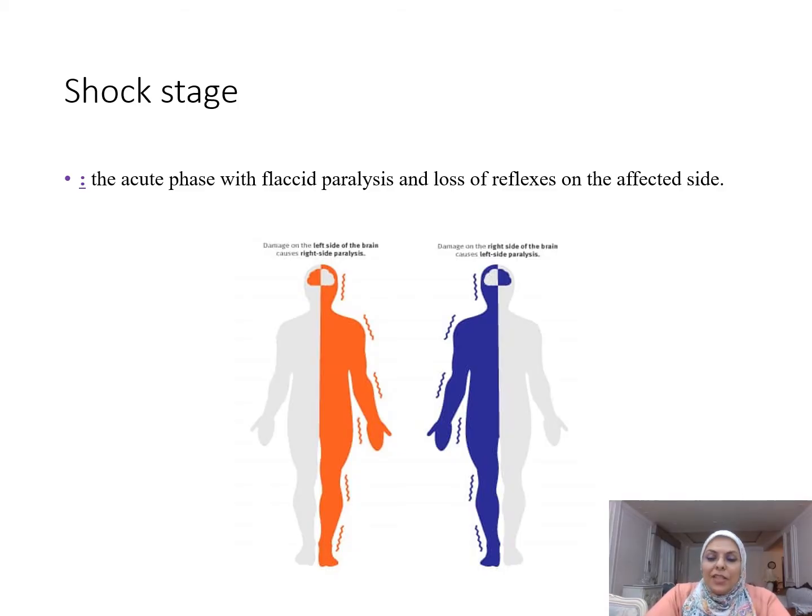So the shock stage manifests by loss of all the skilled movement at this area, loss of all the reflexes supplied by this area, and sometimes loss of sphincteric control or affection of the cranial nerves. The shock stage duration is quite variable according to the pathology, the age of the patient, the extent of the lesion, and how long it would take to recover.